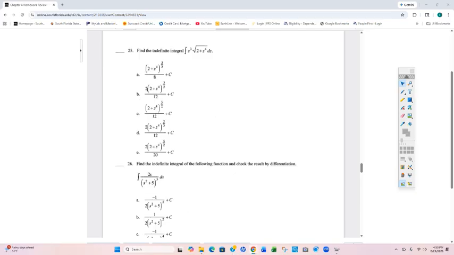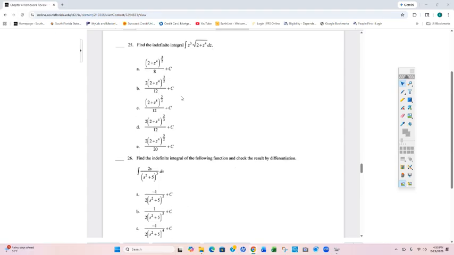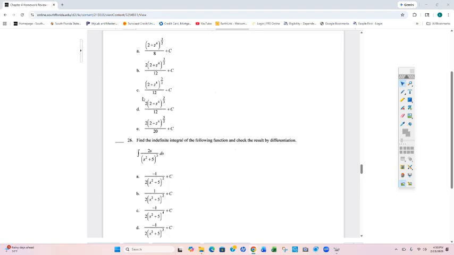Answer B, there's a 2 times, in parentheses, 2 plus z to the fourth, to the 3/2 power, and in the denominator a 12, plus c. C, in the numerator, 2 plus z to the fourth in parentheses to the 3/2 power, and in the denominator a 12, plus c.